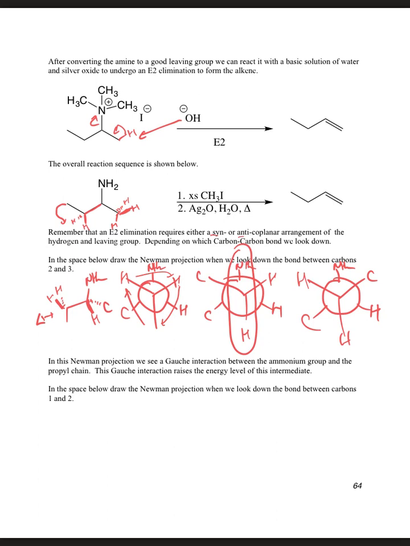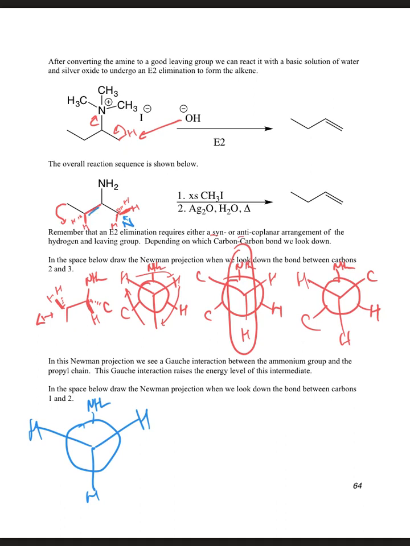Now if we look at the Newman projection, let's change it to blue, looking down this bond with our little eyeball, the carbon in front has 3 hydrogens. The carbon in back has a nitrogen up.